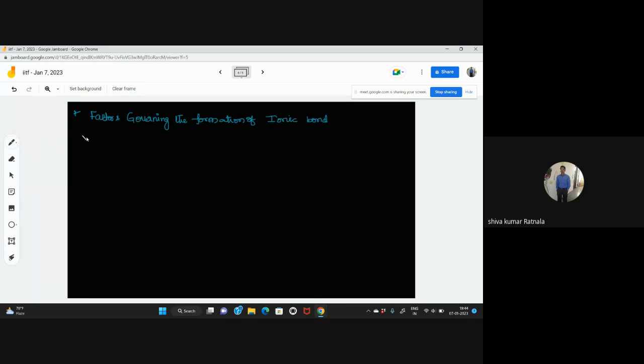Okay, first one, factors for cations. Low ionization potential and low electronegativity.